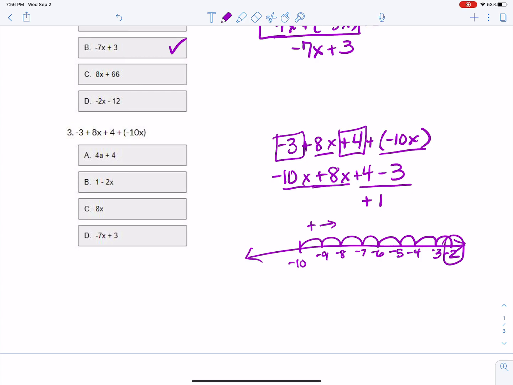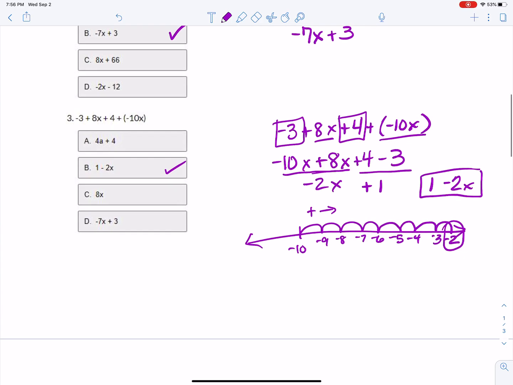So that is one way to solve it. So negative 2x. And they wrote it a different way. So they wrote 1 minus 2x, which is a little bit complicated. And again, this is why we're doing this together and checking our answers versus trying to do it independently.